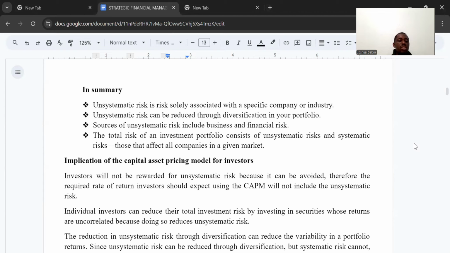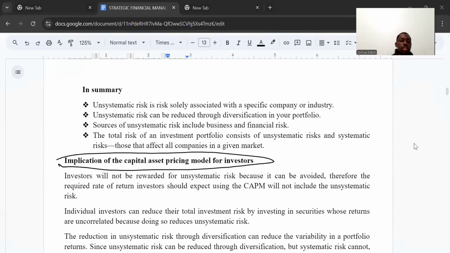So what is the implication of the capital asset pricing model? Investors will not be rewarded for unsystematic risk because it can be avoided. Therefore, the required rate of return on investments should be based on the systematic risk of that investment. An individual investor can reduce their total risk by diversification.